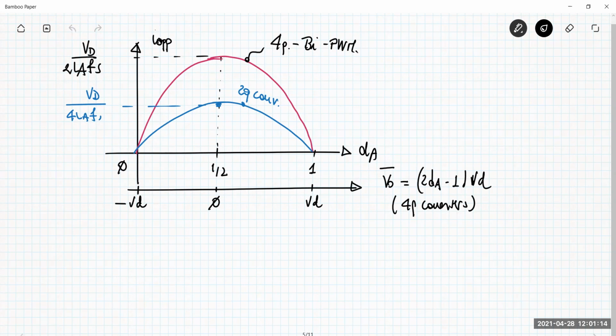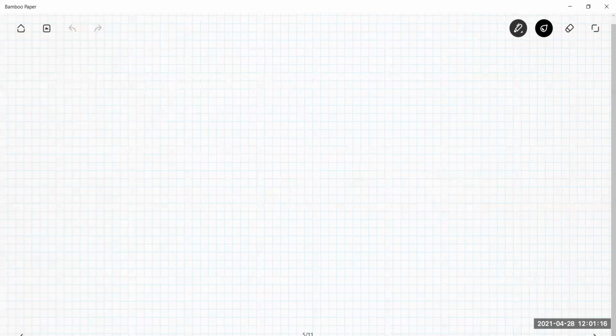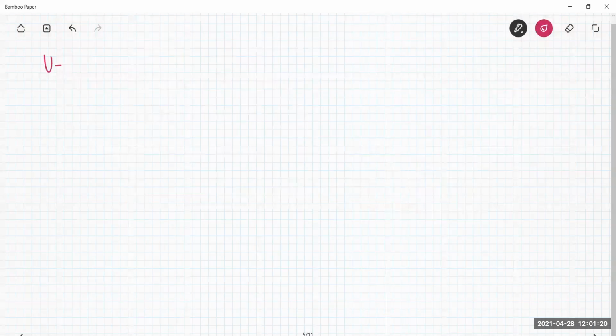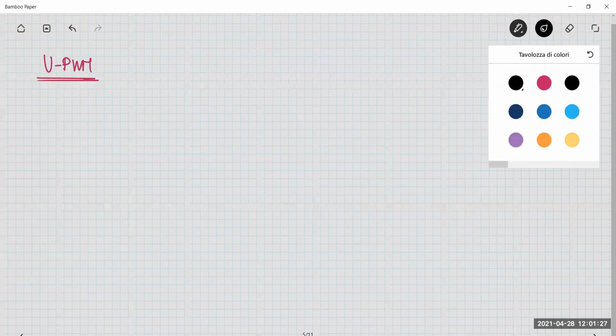So let me change now the modulation. Let's go to the unipolar pulse width modulation and see what happens. Now we have to be aware of the fact that if you want to get a positive average output voltage, you get a totally positive instantaneous output voltage, because this is a unipolar modulation.